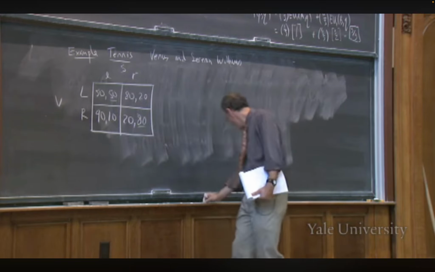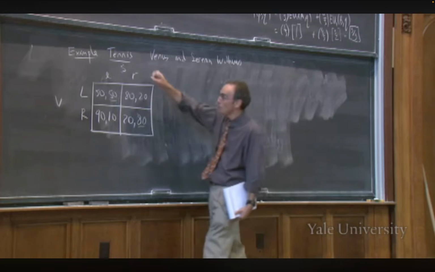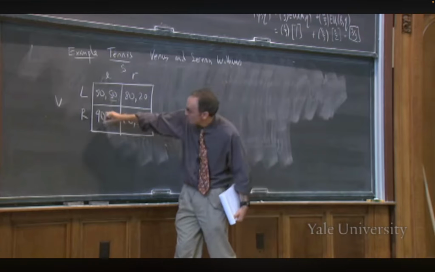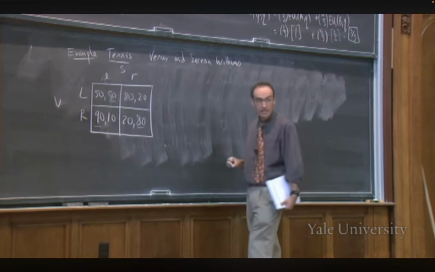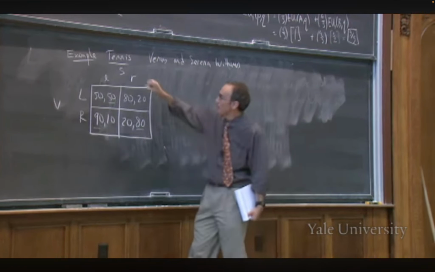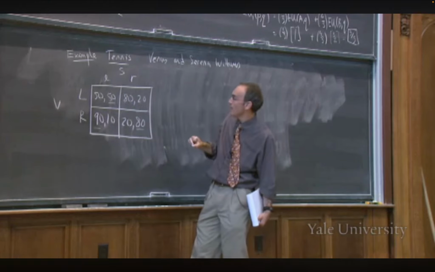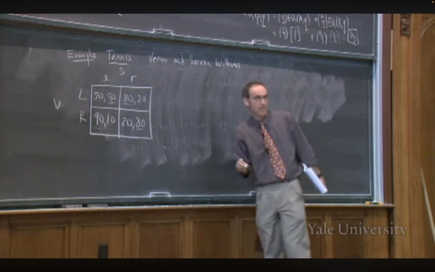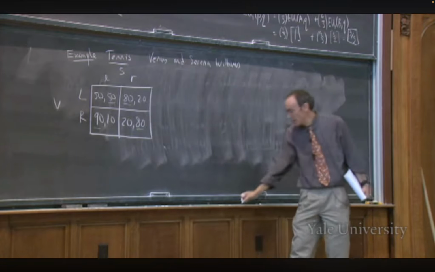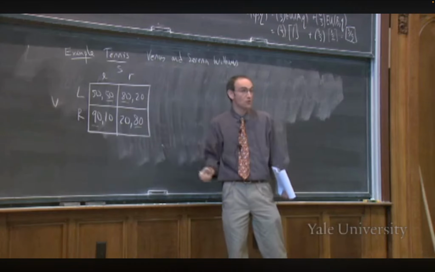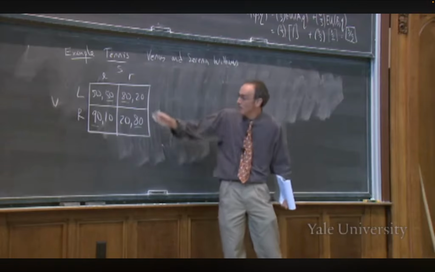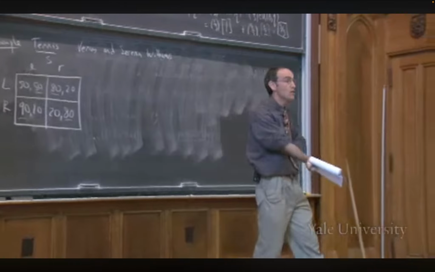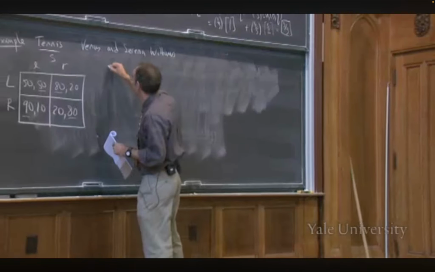And conversely, if Venus thought that Serena was cheating a bit to the left, then her best response is to hit it to Serena's right. And if Venus thought Serena was leaning to the right, then Venus's best response is to hit it to Serena's left. I think that's not at all surprising when you think about it. Not at all surprising you're going to get this little cycle like this. But we can see immediately that these best responses never coincide, so there is no pure strategy equilibrium.